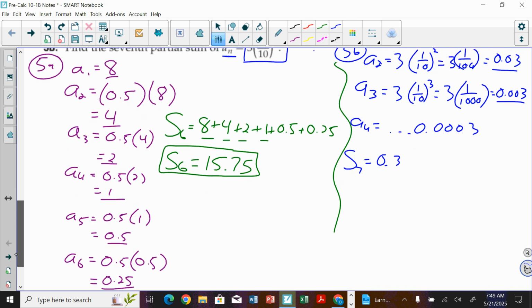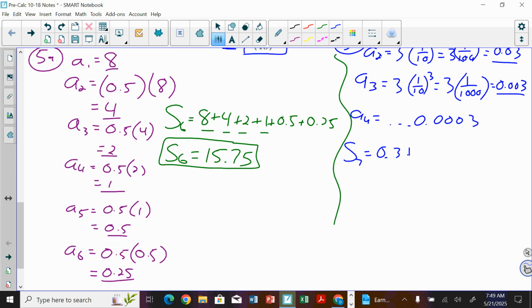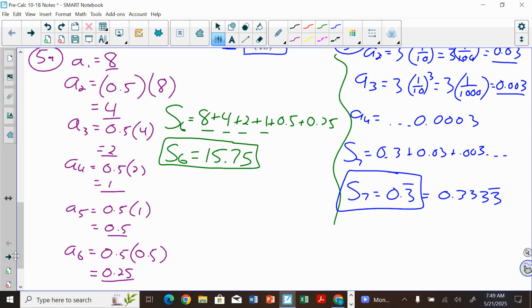So I could add them all up and go 0.3 plus 0.03 plus 0.003, so on and so forth. Or we can just use that idea above and say, well, we know this is going to be 0.3 bar, or if you wanted to write it out, 0.3333. Eventually it's going to repeat forever. So that would be your answer right here. Okay. So that's one where it's an infinite series that actually has a sum.